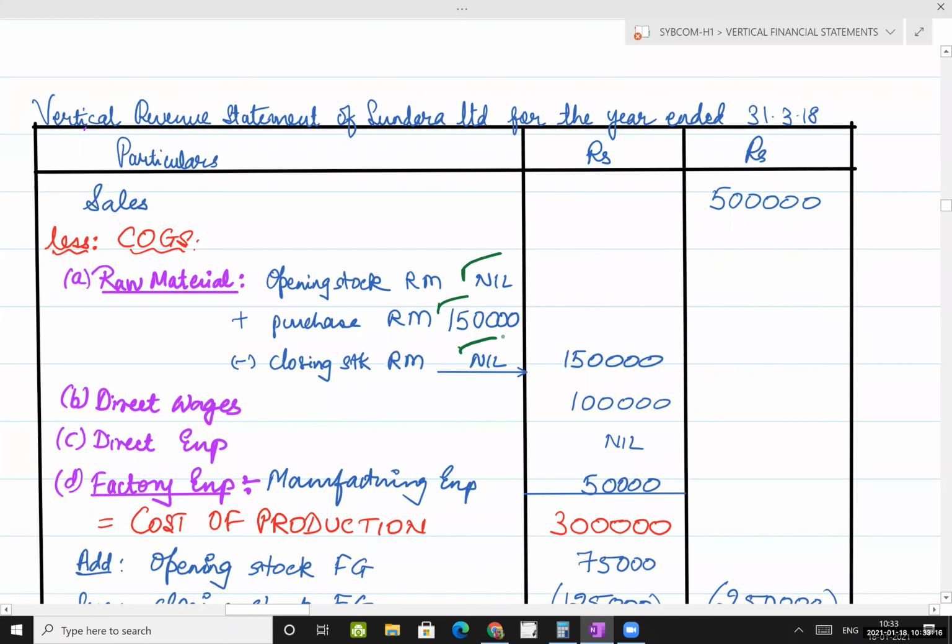Closing stock is not given. Okay, take it in the outflow column 1,50,000. So raw material is done.